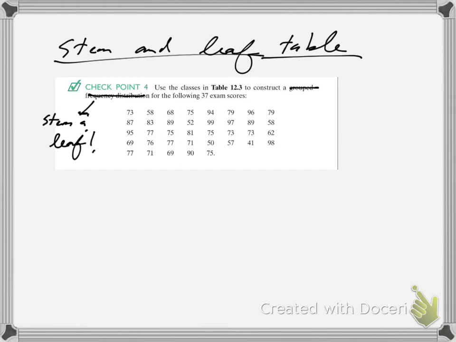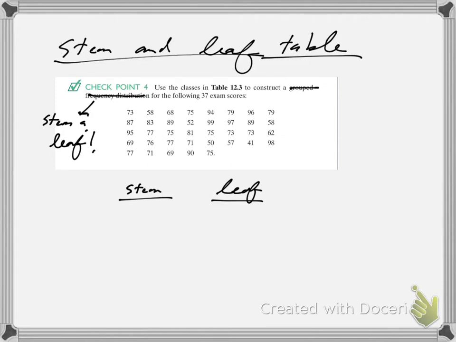So a stem and leaf means that we create a stem category. So we're going to have an overall table, and we have a stem column and a leaf column. This is really helpful to visualize what's happening here, okay?